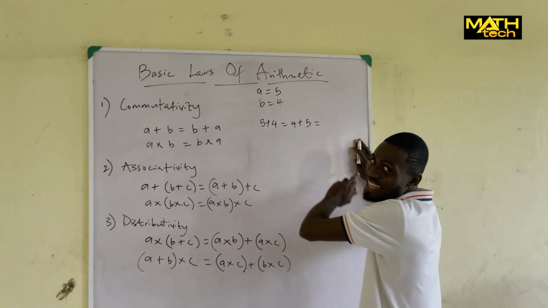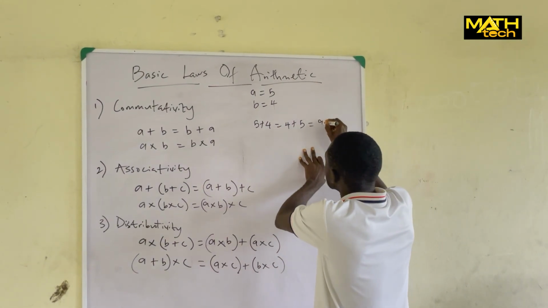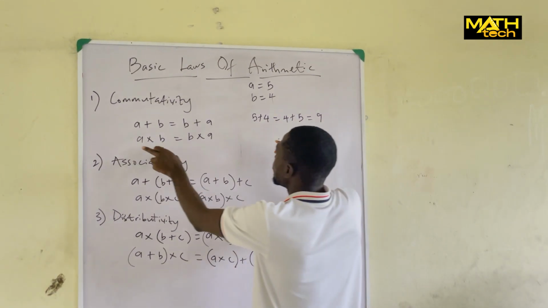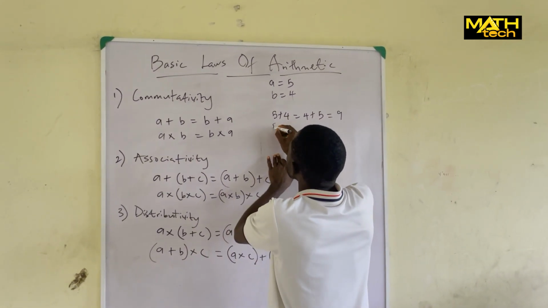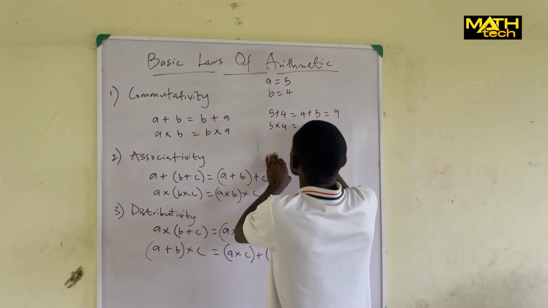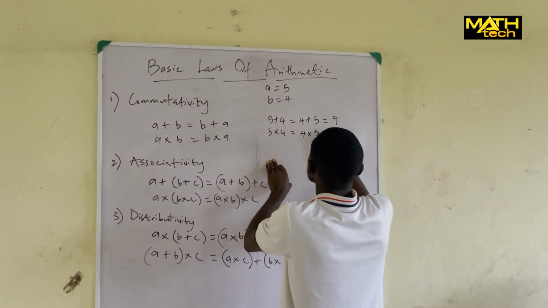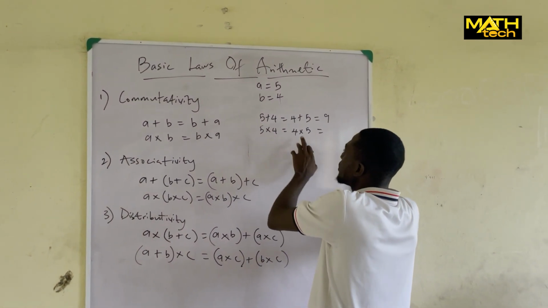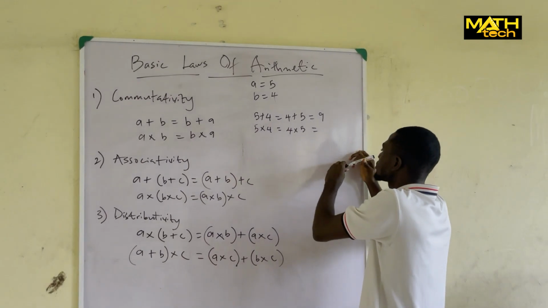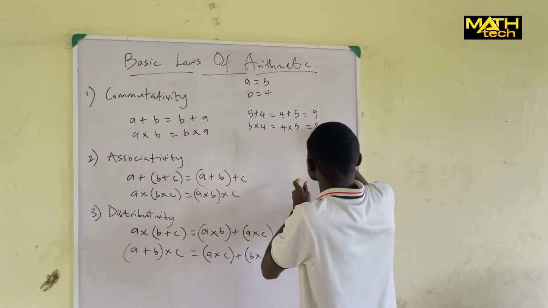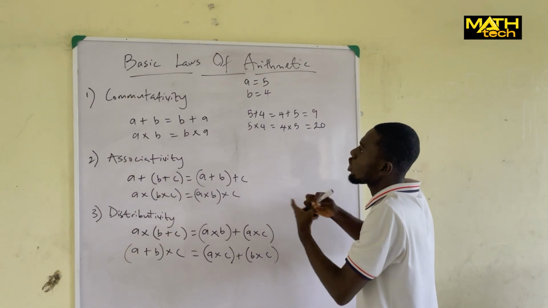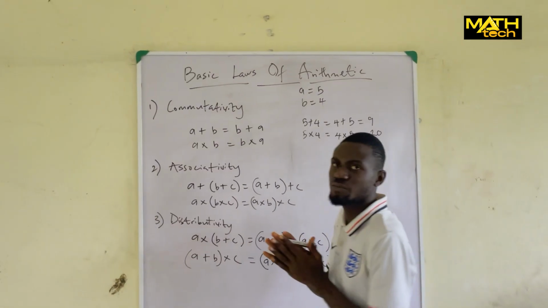Because 5 plus 4 is 9 and 4 plus 5 is what? 9. Also for A times B, 5 times 4 is equal to 4 times 5. 5 times 4 is what? 20. And also 4 times 5 is what? 20. So this is just what commutativity is all about.